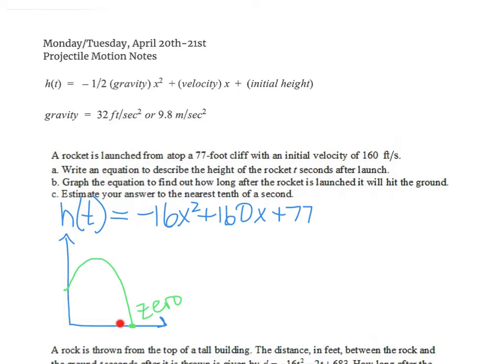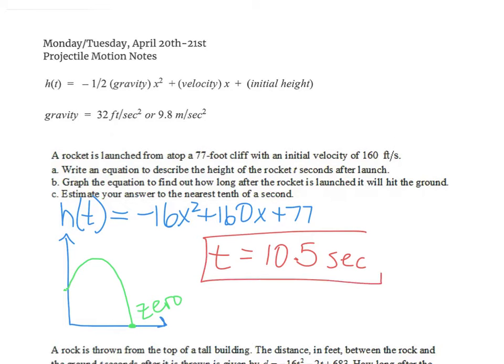Do a left bound, a right bound, and calculate. That gives us an answer of t equals 10.5 seconds. It takes 10.5 seconds for it to hit the ground. That's kind of a long time, to tell you the truth.